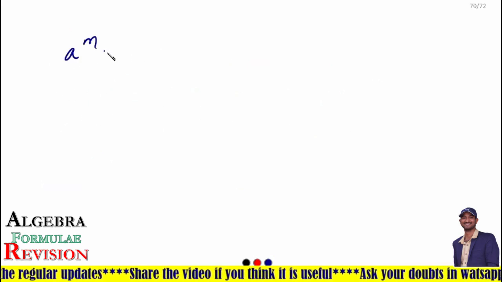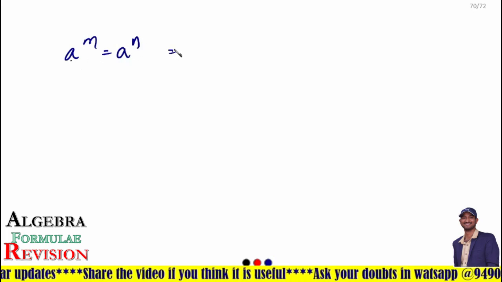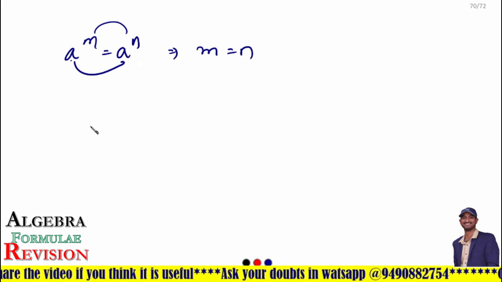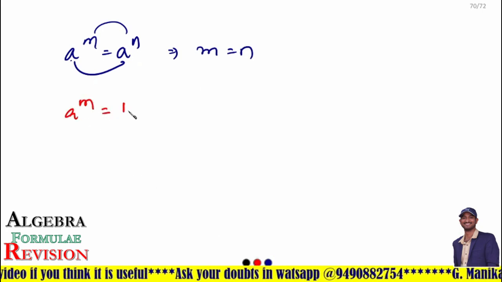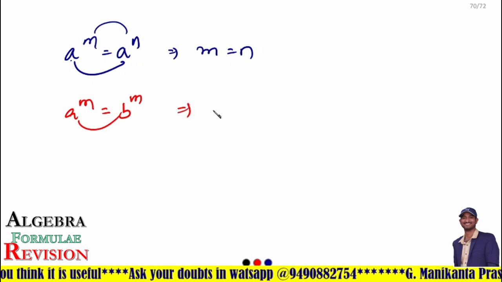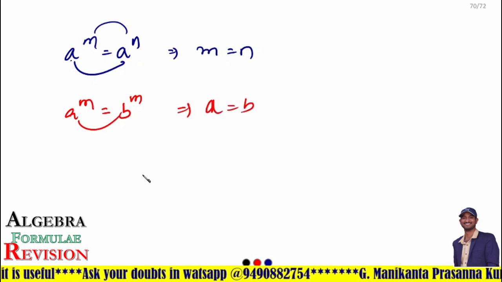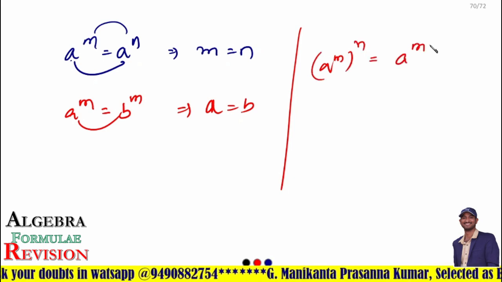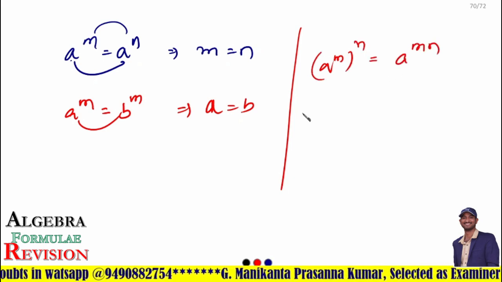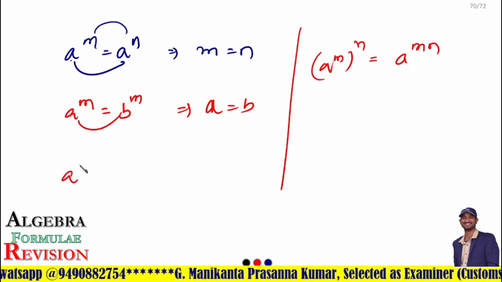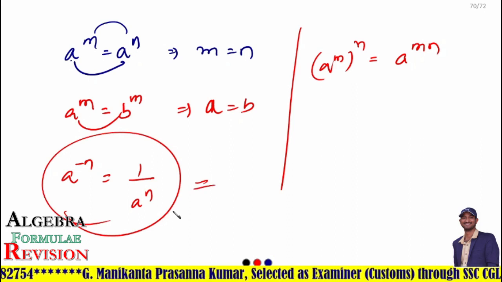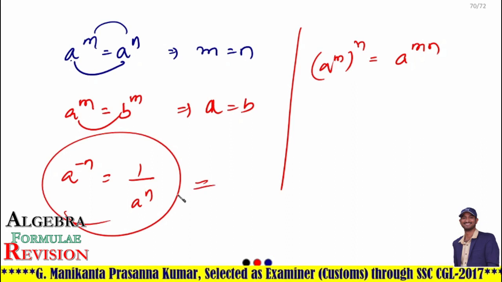Next, very important: whenever a power m is a power n, if two powers are equal having the same base, then definitely the indices are also equal. If two powers having the same index are equal, then definitely the bases are also equal. And one more thing, (a power m) whole to the power of n is a power mn. And last but not least, a power minus n is equal to 1 by a power n. It's the inverse. That's it.